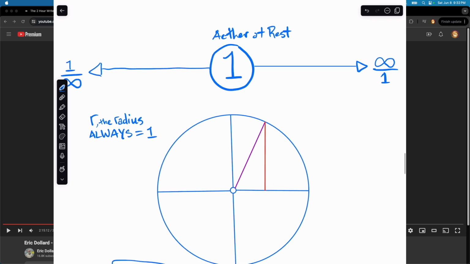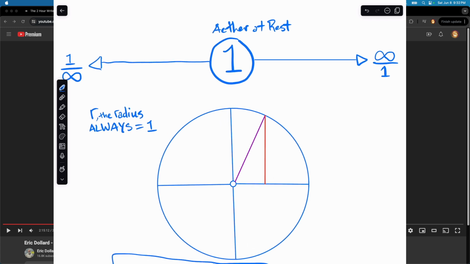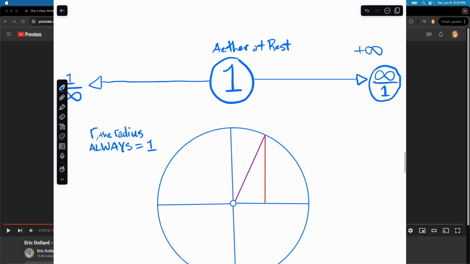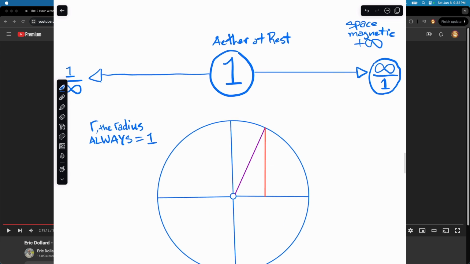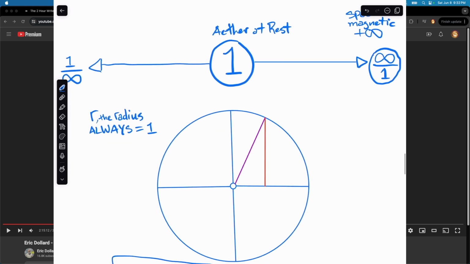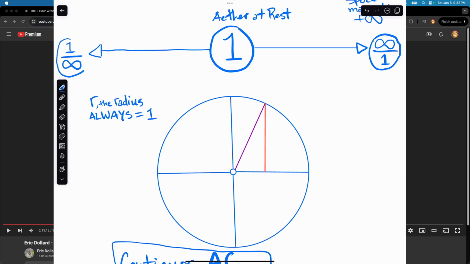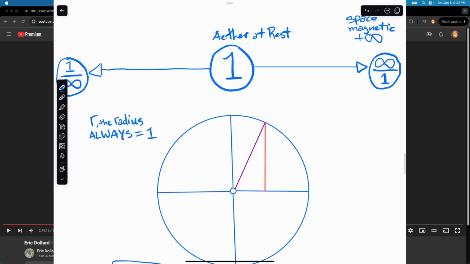And on one side you have infinity over 1, which I like to think of as the positive infinity. This is space. This is magnetism at its greatest magnitude, its greatest expression. And then on the opposite side, we have 1 over infinity, which I like to think of as a type of negative infinity.